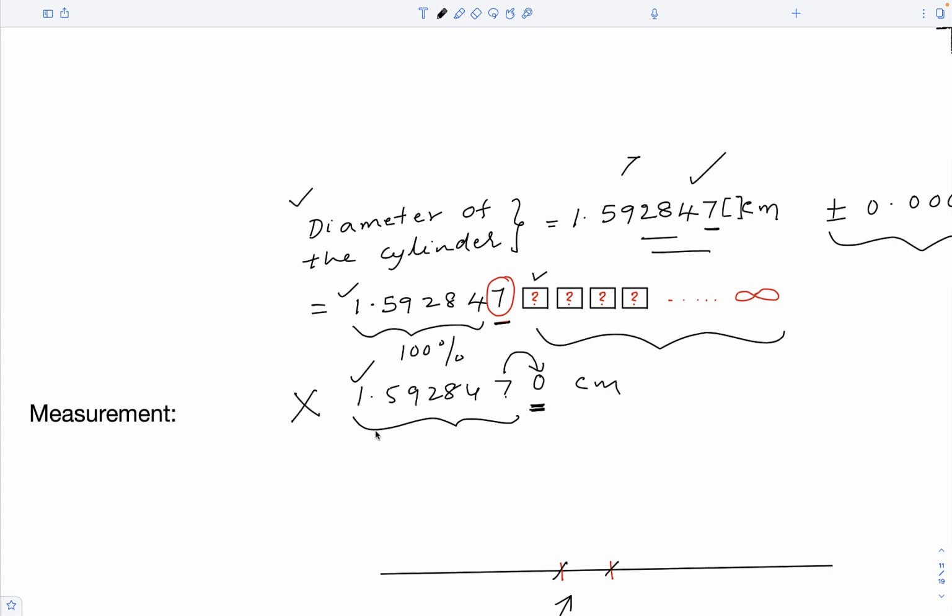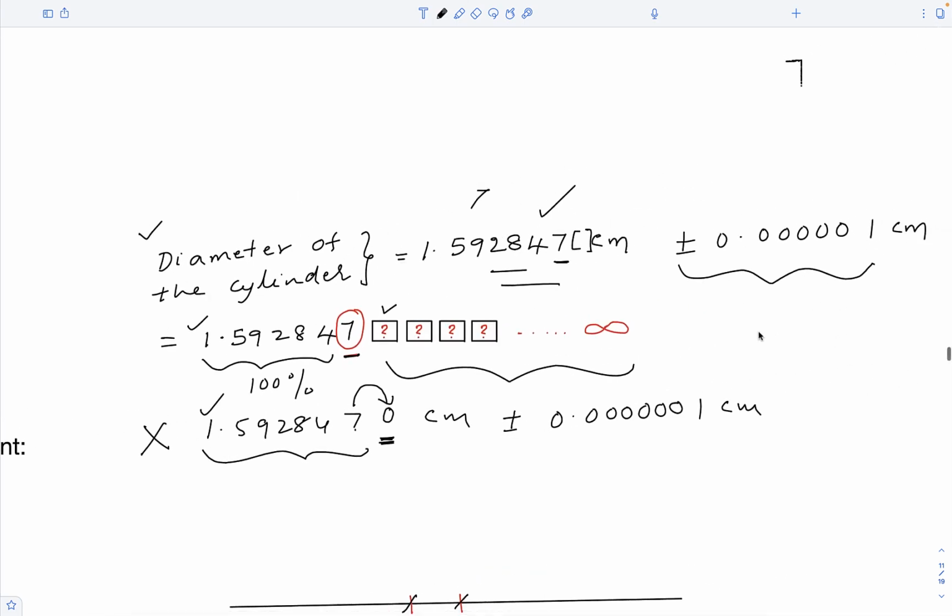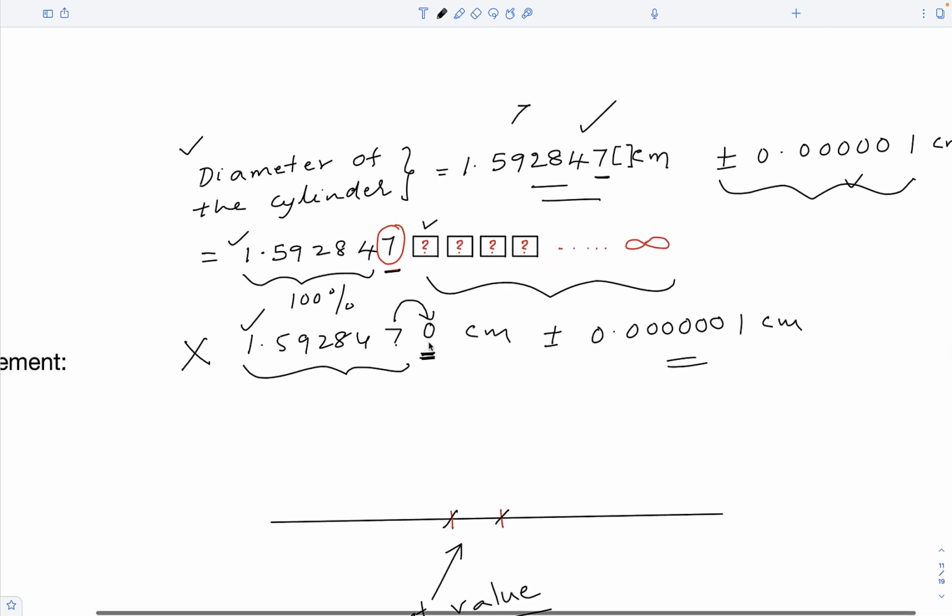Thereby, we are increasing the precision of the measurement, because if you go by this measurement, the amount of uncertainty would be plus or minus 1, 2, 3, 4, 5, 6. So 0.123456 and a 1 centimeter. Obviously, this is smaller than this. So by adding this trailing 0, we have reduced the amount of uncertainty and thereby increased the precision of the measurement.